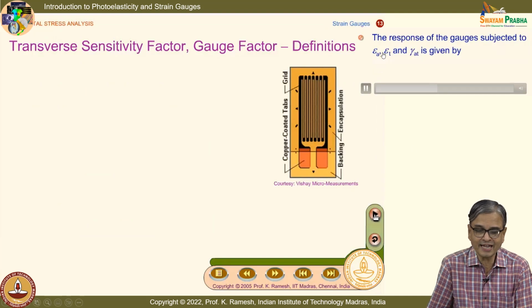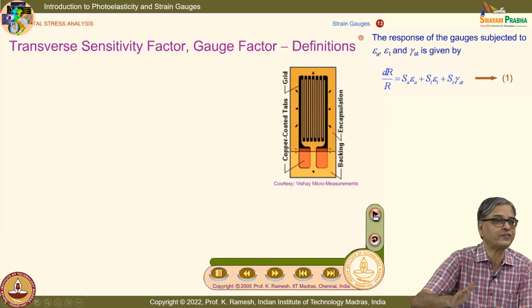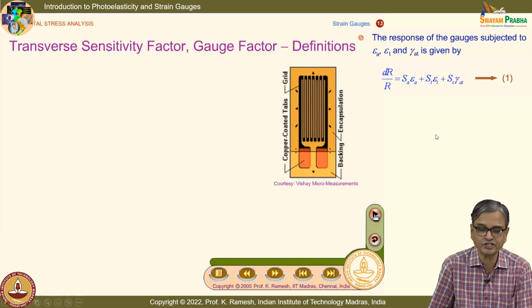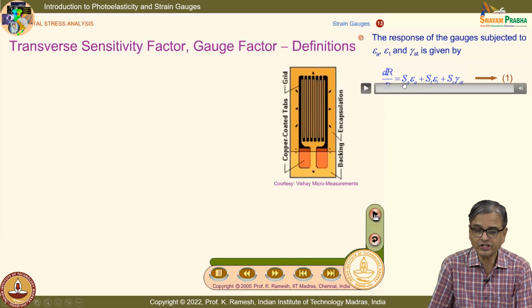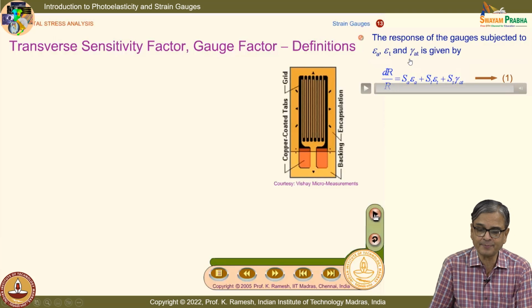In this notation, epsilon A is the axial strain, that means strain along the gauge length. Epsilon T is the strain perpendicular to this, transverse to the gauge length, and gamma AT is the shear strain in the plane of A and T. So I can write the change in resistance, delta R by R, with 3 factors. When I was talking about a conductor, I put a capital A. When I am talking about a strain gauge, the axial response, I put it as S with a small a suffix.